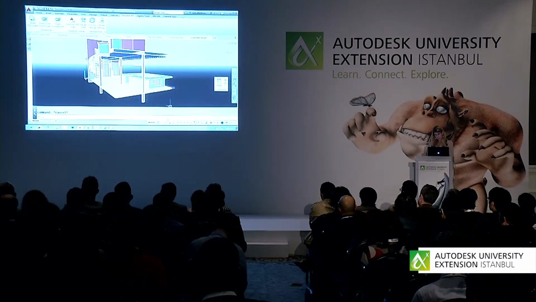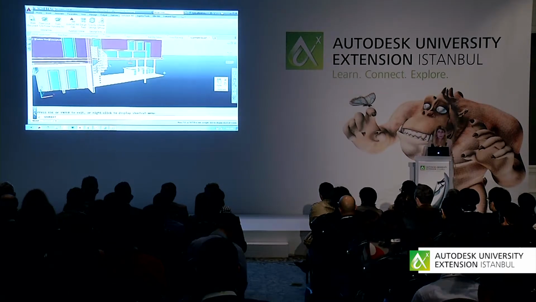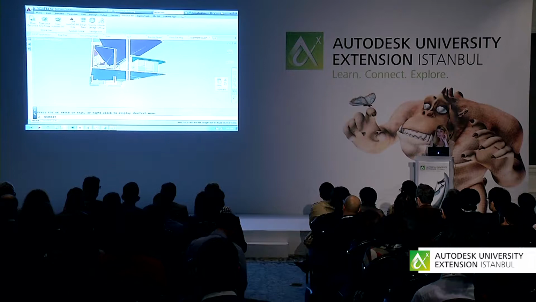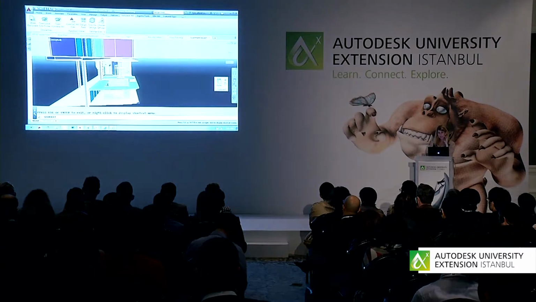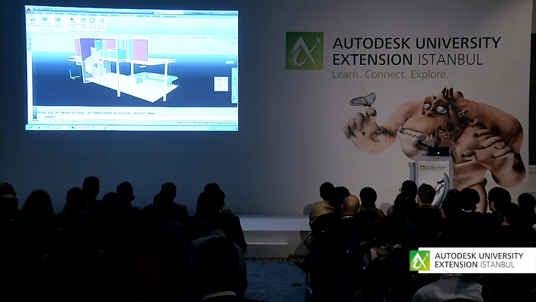When you do a 3D orbit, it automatically grabs a centroid right in the center of the model. That's okay as long as you have a model like this. But if you had a model that was partially here and partially over there, it doesn't work so well.